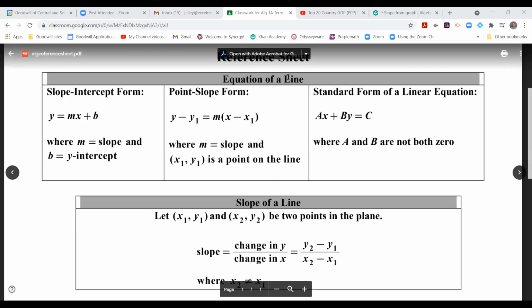But I want to go back to point slope form. And I need to use my whiteboard for that. So if I'm going to use point slope form, this is the form of the equation. Y minus y1 equals m times x minus x1.